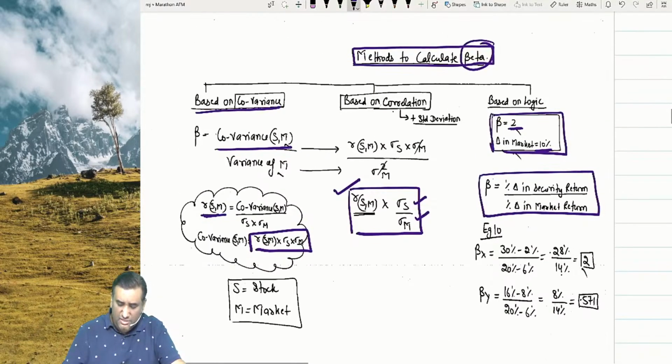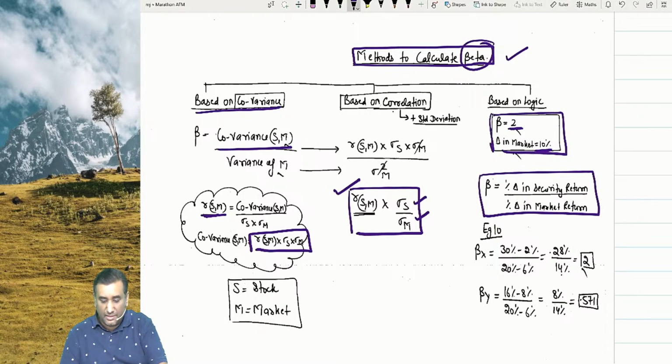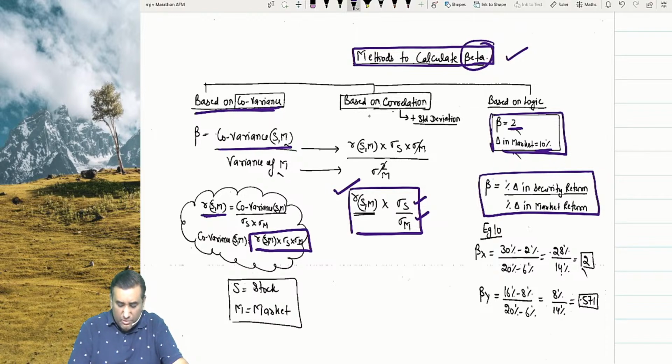Now, since we have touched the methods to calculate beta, let me discuss this with you. Based on this, we'll be applying this formula also. In case you are given the entire numbers to calculate, then covariance is a slightly smaller step, because in the method based on correlation you have to calculate standard deviation of market and stock.